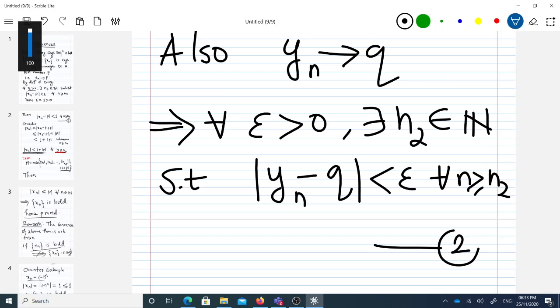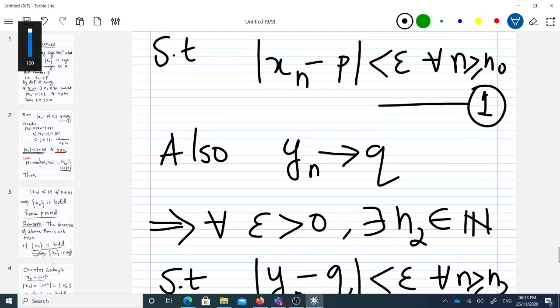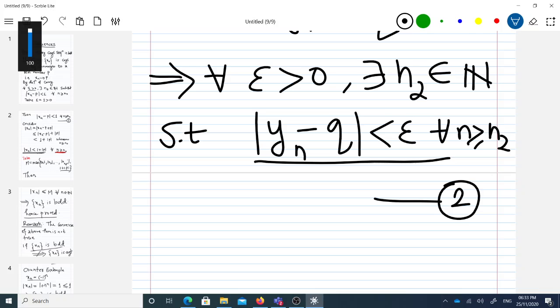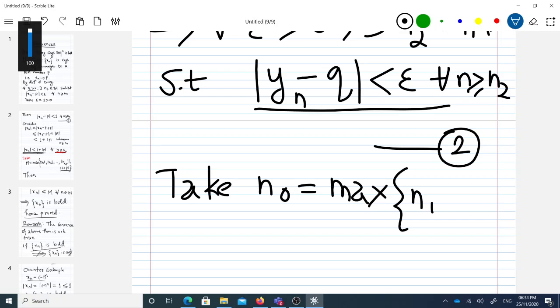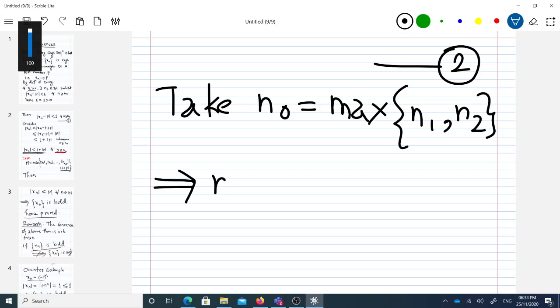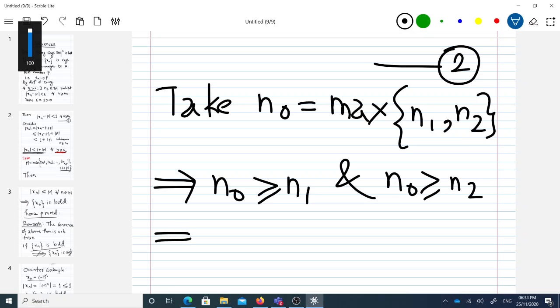This is number 2. So we have to take a common n naught which should hold for 1 as well as 2. To have the common n naught, the general choice is to take n naught equal to the maximum of n1, n2. That would imply n naught is greater than or equal to n1 and n naught is greater than or equal to n2.